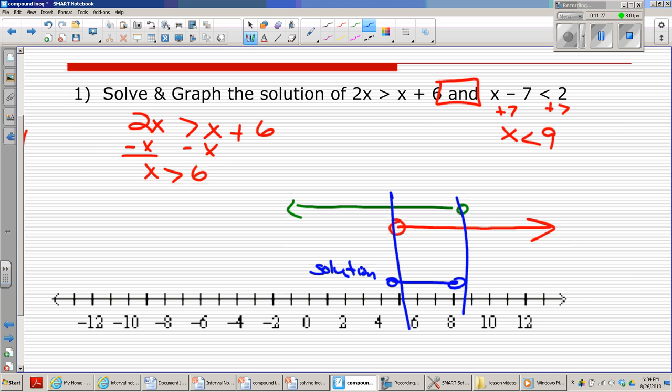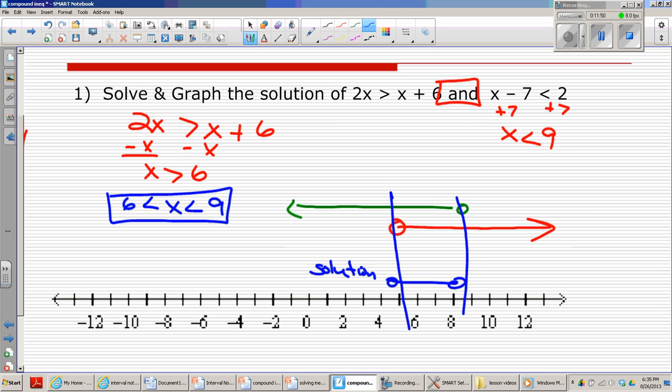Now, if we were writing this as an inequality, we would actually want to combine these two inequalities together. So we need to flip the smallest value around. 6 would be less than x. And then we can include the other part of the inequality, less than 9.